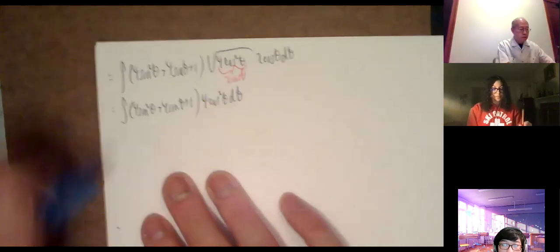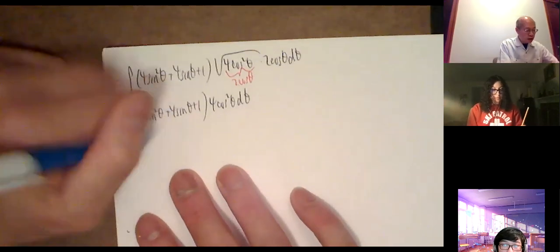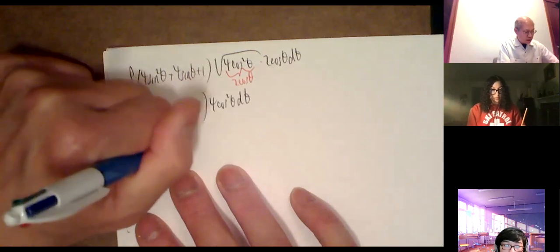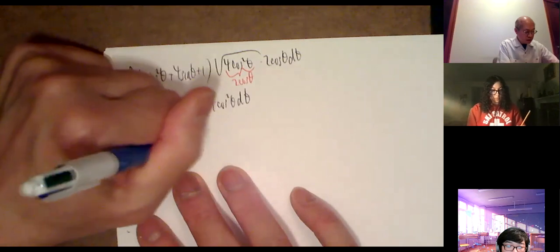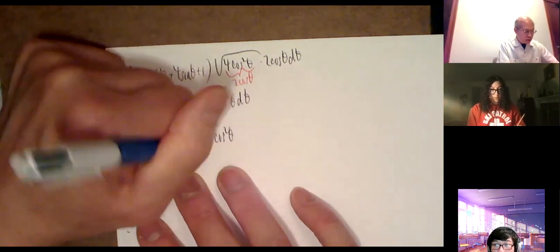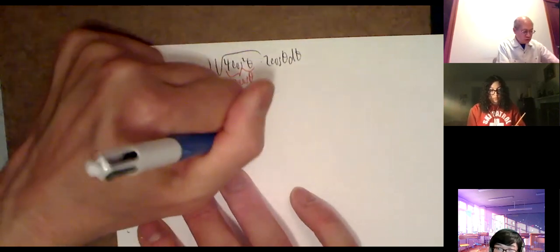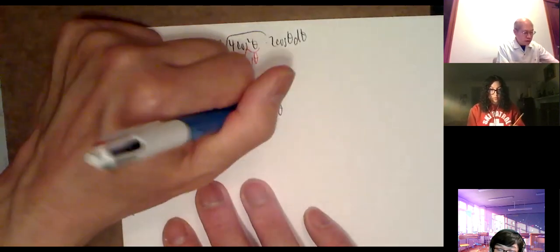And now I distribute. So 4 sine squared theta cosine squared theta. Plus 4 times 4, 16 sine theta cosine squared theta. Plus 4 cosine squared theta d theta. Paren, paren.